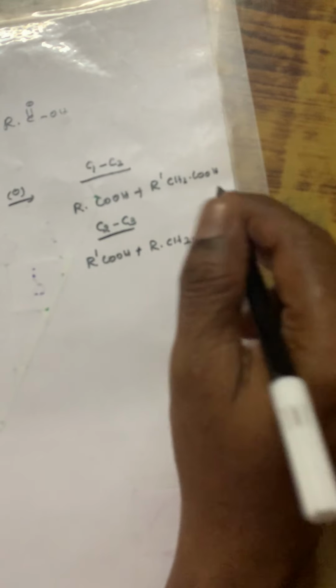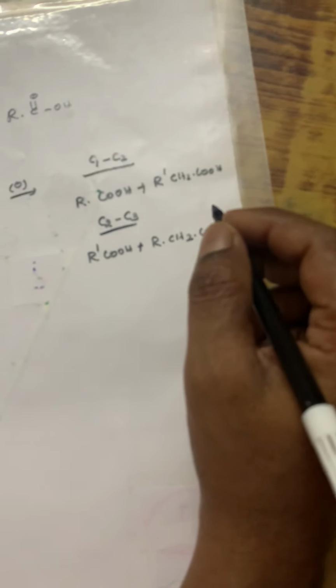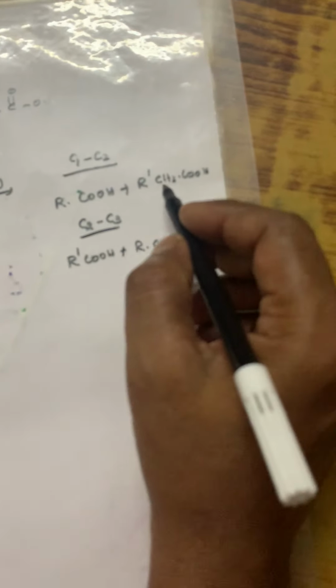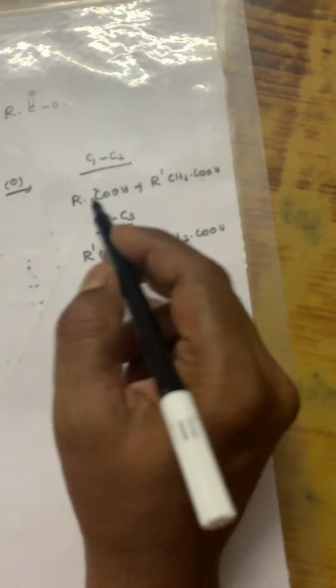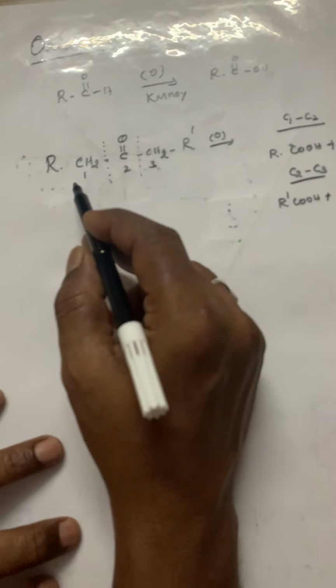So 4 different carboxylic acids will be obtained. But if you see the number of carbon atoms, here 2, here 3, and R, if it is a methyl group, it may be 3 or 2. It is less than the parent ketone.